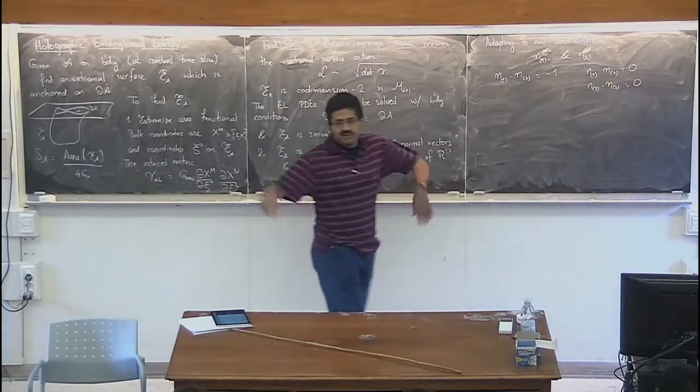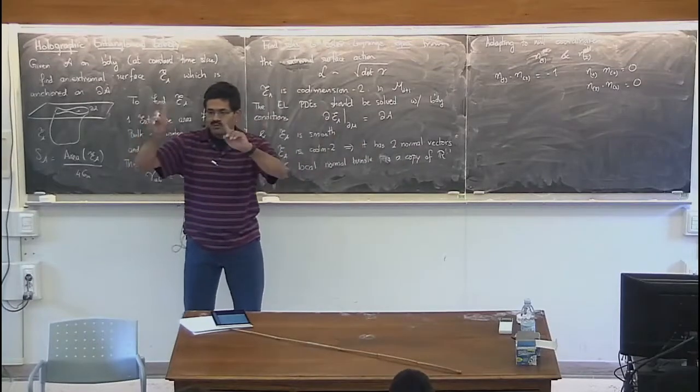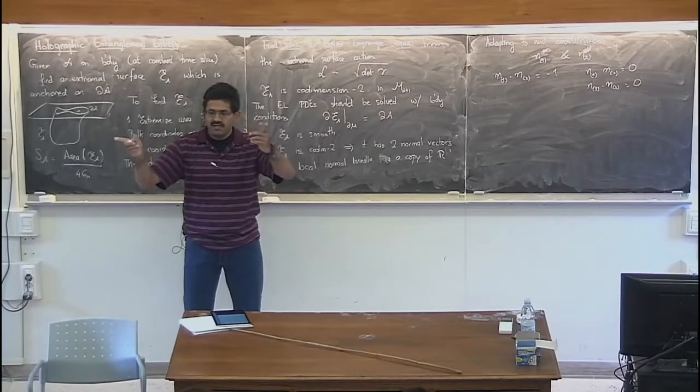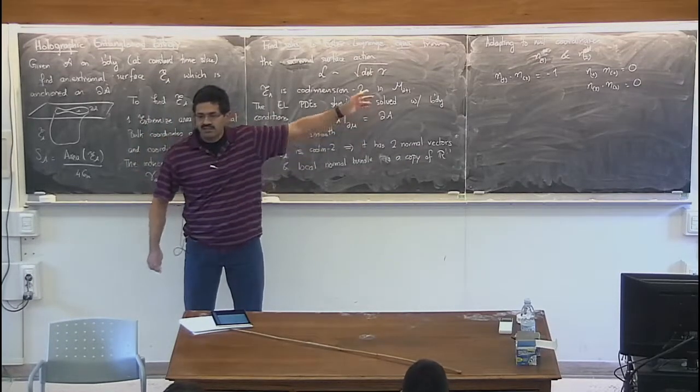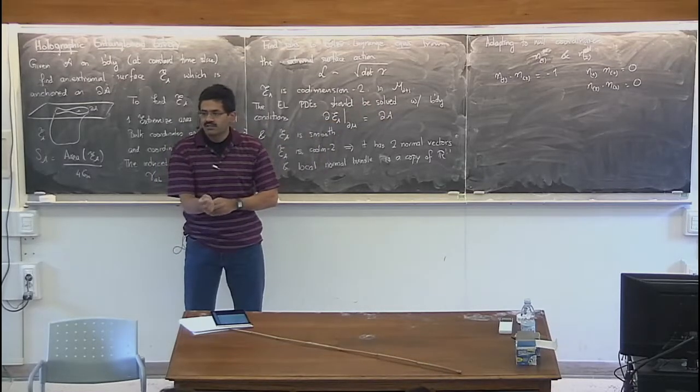I can always do this: if I have two vectors, one of which is space-like and one of which is time-like, I can recombine them into two null vectors and go to some light cone-like coordinates.